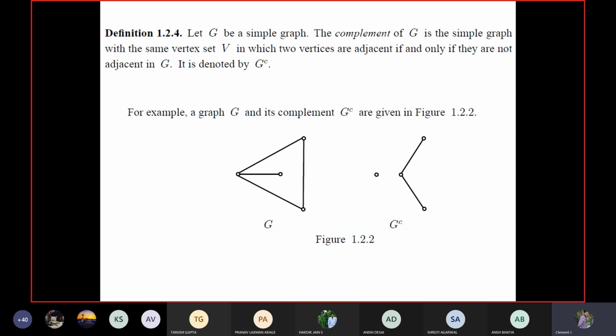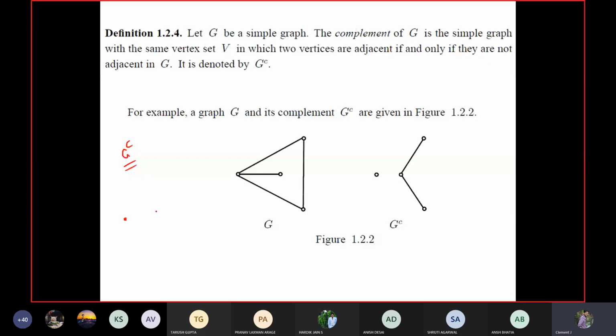Here, what is the complement of G? You may be provided one graph and they can simply ask you the question, find the complement of the graph. If I consider this as a graph, what is the complement graph for that? Complement graph means you need to keep all the vertices of the original graph.